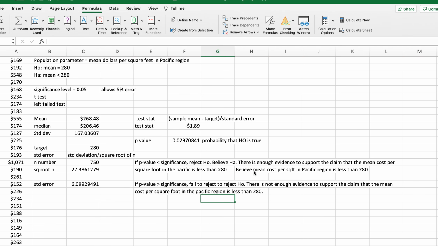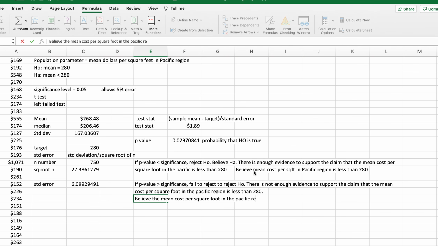Let's talk about what this means. If you fail to reject H0, means you don't reject H0, you keep believing H0. Okay, so what does this mean? Believe the mean cost per square foot in the Pacific region is 280.